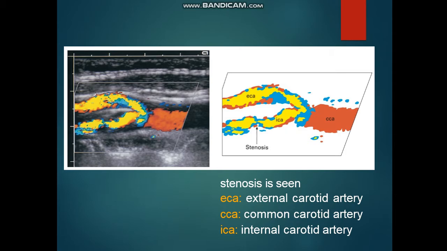The difference in frequency between the sound transmitted and received is known as the Doppler frequency shift. The direction of blood flow can readily be determined, and flow towards the transducer is by convention colored red, whereas blue indicates flow away from the transducer.